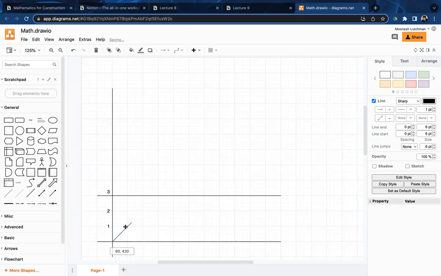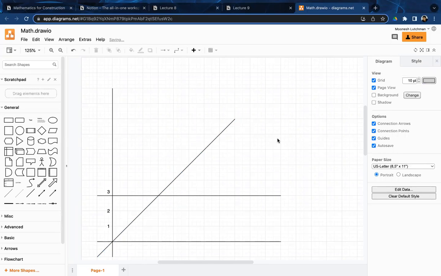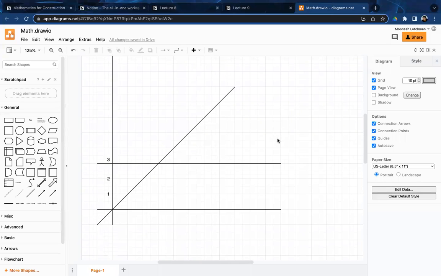If it passes through the origin like this here, this is a gradient of 1, right? This is a graph with gradient 1.